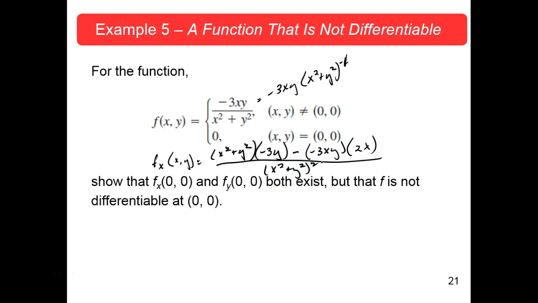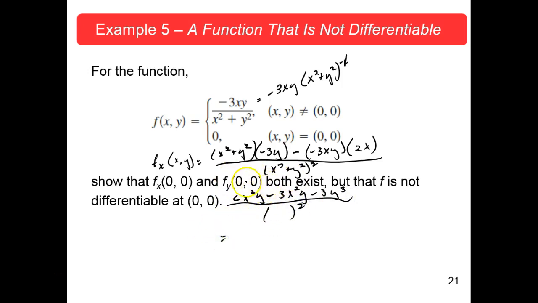Now, I actually want to reverse the order, because I like to lead off with the pluses. So that would be 6x squared y minus 3x squared y minus 3y cubed, over that denominator squared.